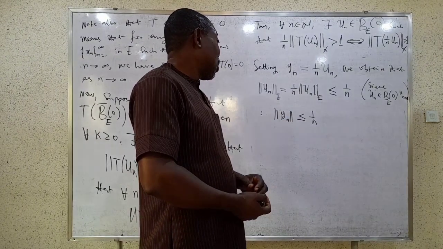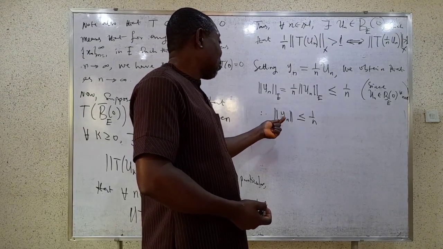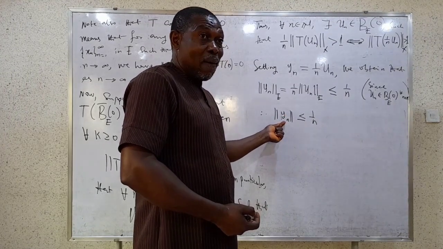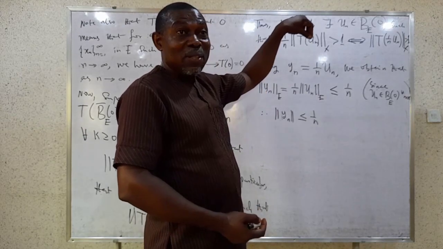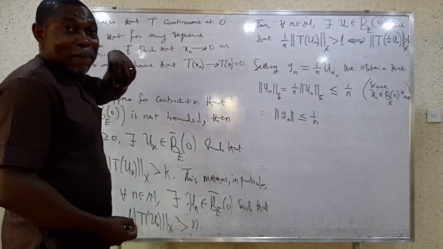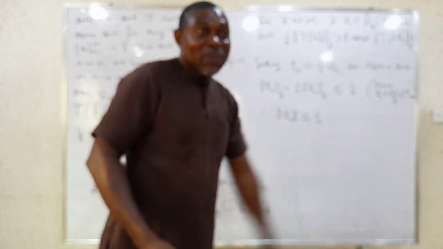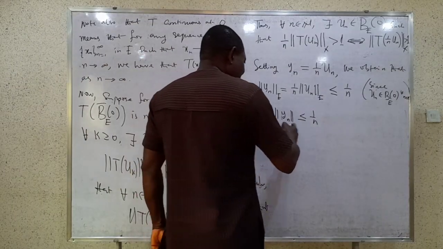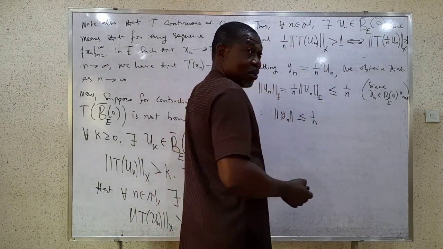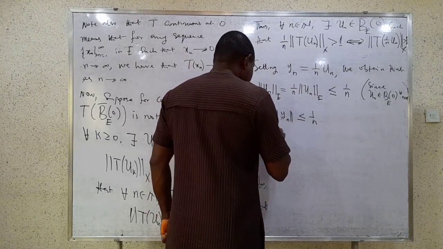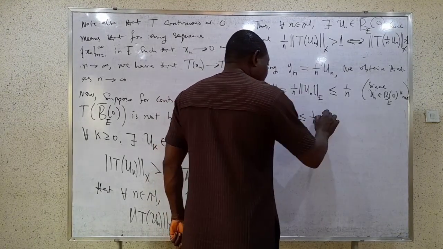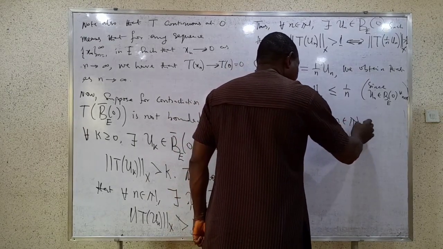And not only that, it tells me again that not just y_n goes to 0, but that y_n also belongs to the unit ball, because 1 over n is less than or equal to 1. This by the sandwich theorem implies that y_n goes to 0. This is for all n in the set of natural numbers.